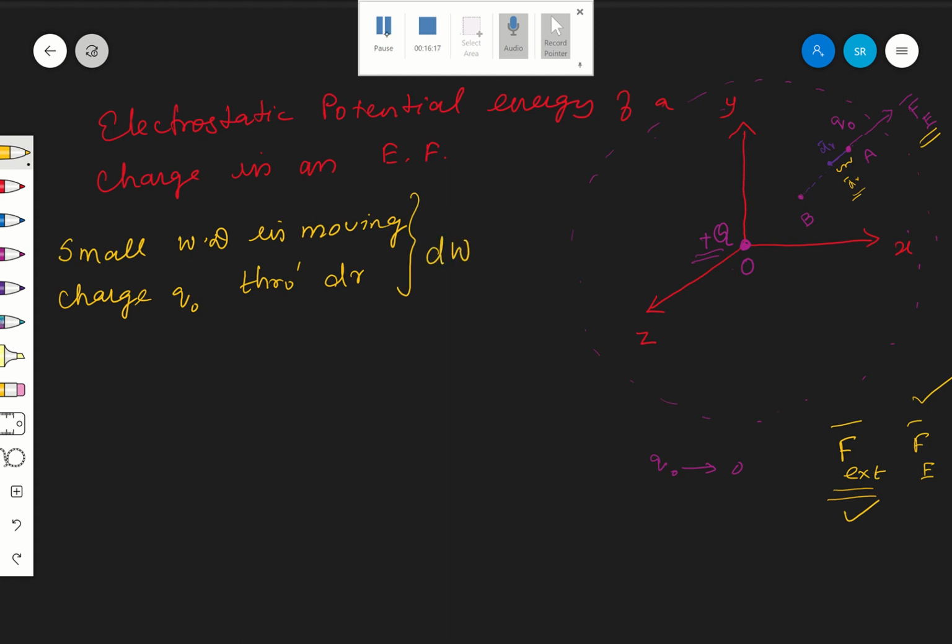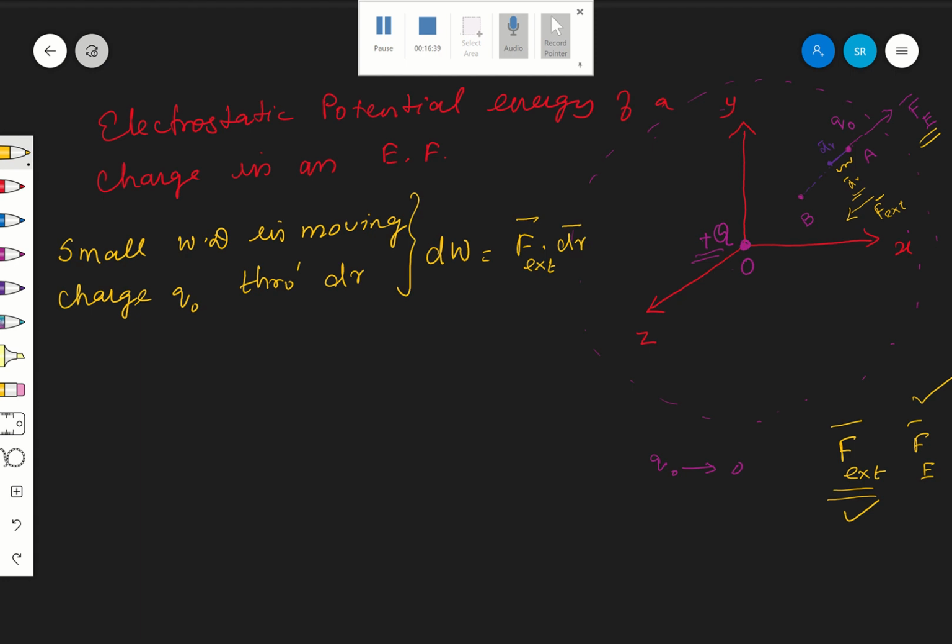And that is equal to F external, this is the direction of F external, dot dr. This is the work done.